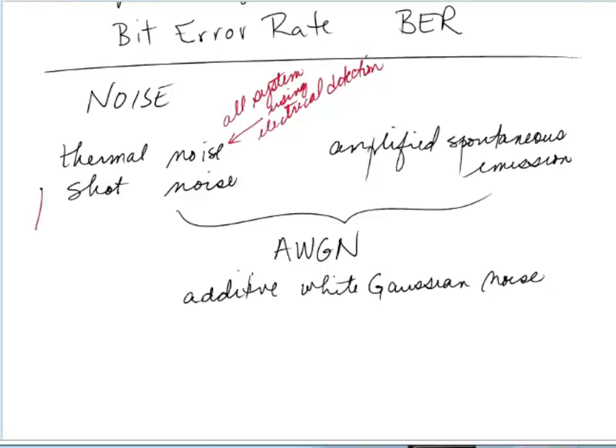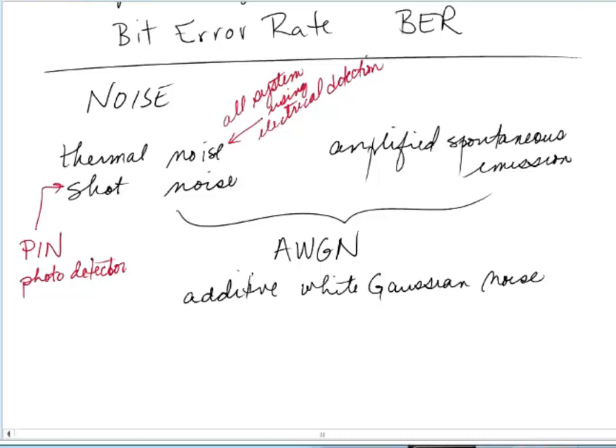Shot noise is found in various communication systems, but most importantly for optical communication systems, it comes from the PIN photodetector. So these two sources of noise, both the thermal noise and the shot noise, are characteristics of photodetectors.